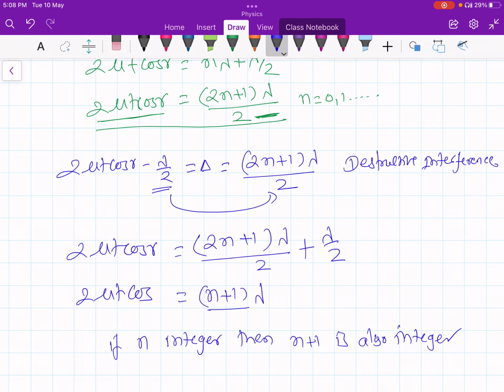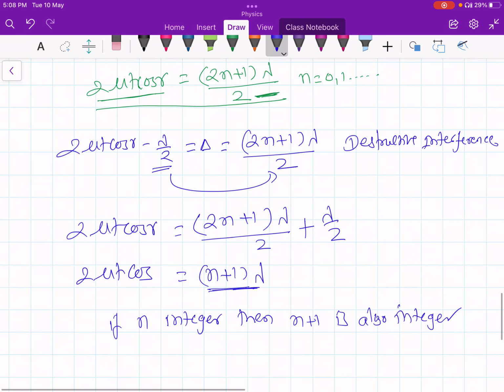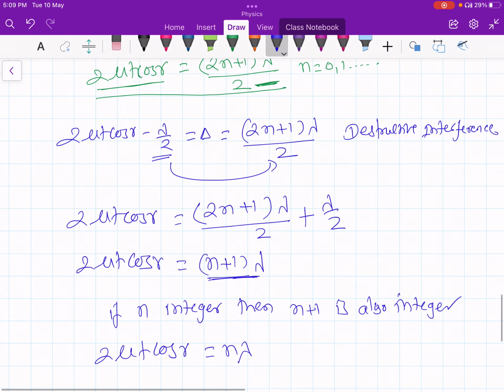So instead of writing n plus 1 lambda, I will simply write n lambda. So when 2 mu t cos r is equal to n lambda, what we get is destructive interference.